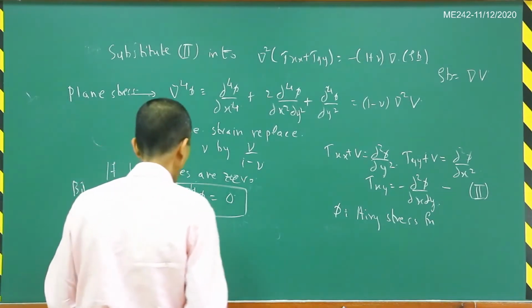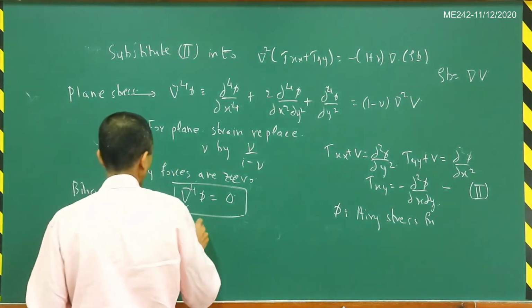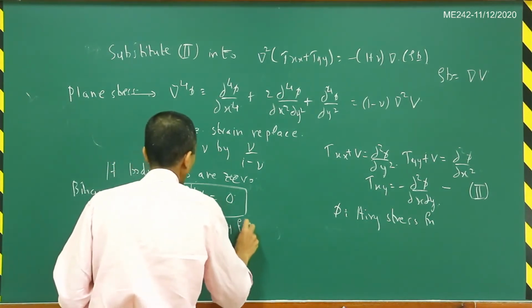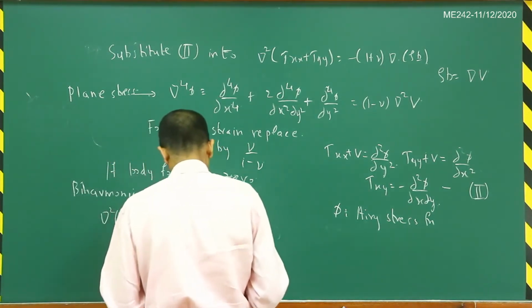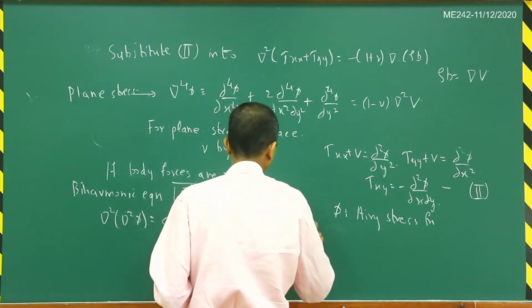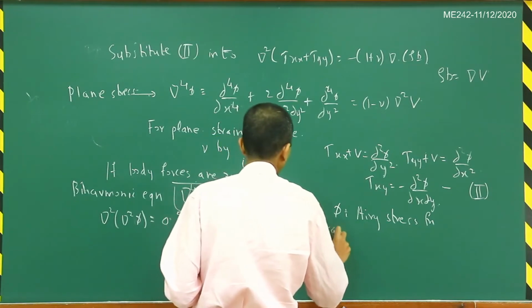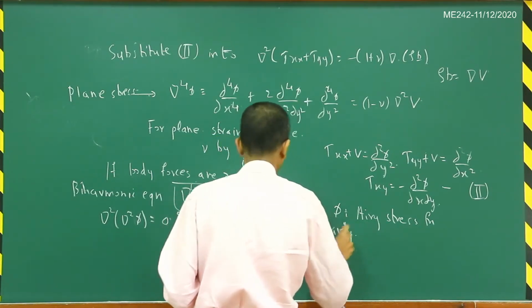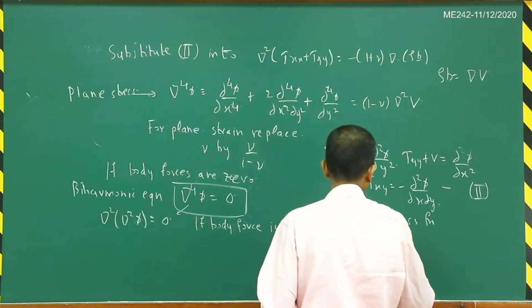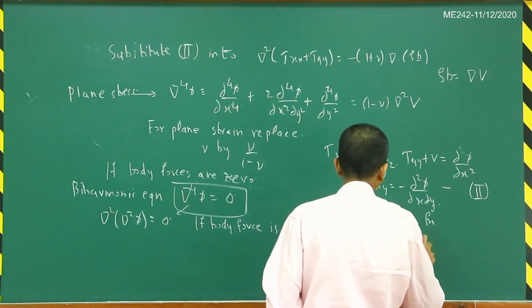So suppose the body force is simply gravity, then you will get that V is equal to minus rho g y.